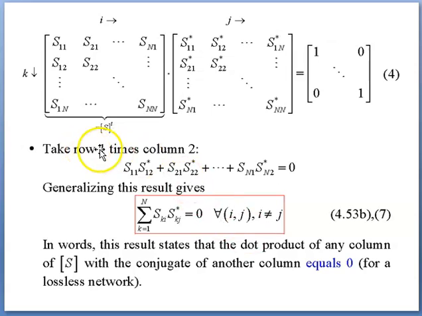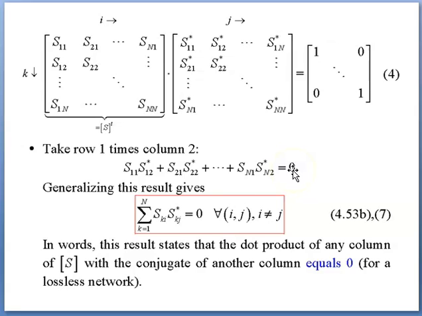Now we take row 1 times column 2. So you will have S11 times S12 conjugate plus S21 times S22 conjugate up until SN1 times SN2 conjugate. That will give you 0.